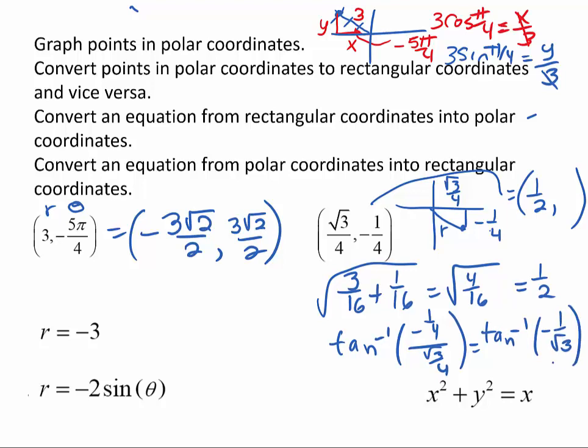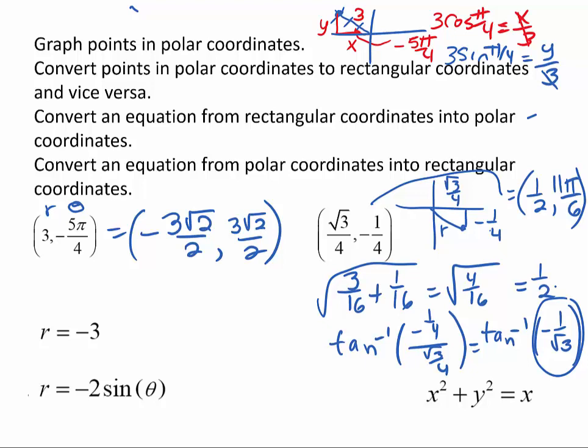That's something I recognize, because we know the tangents on the unit circle were square root 3's or 1 over square root 3's, but it's negative, and I know that I'm in quadrant 4 because I have this graphed, and so that one is going to be 11 pi 6. It just depends on how you want to list the angle, but 11 pi 6 is good, something between 0 and 2 pi, and I found that out because I recognized that inverse tangent.